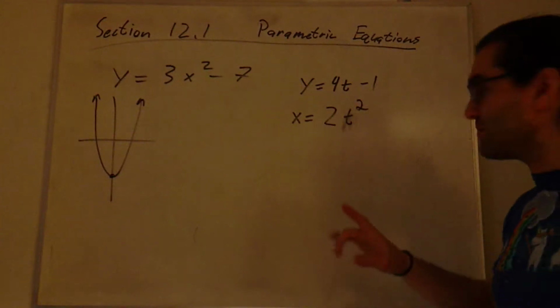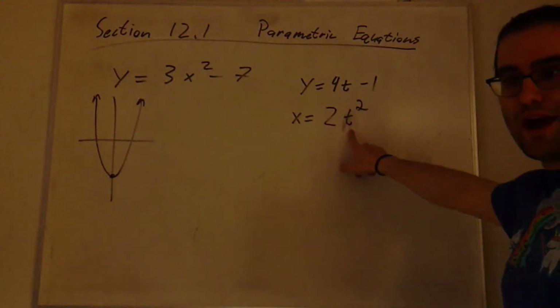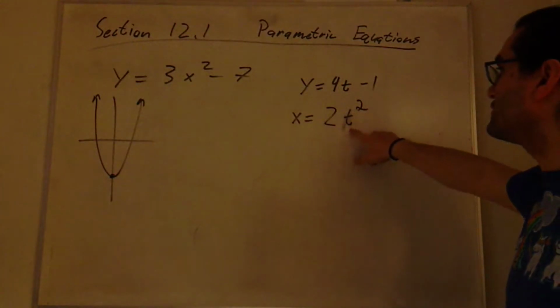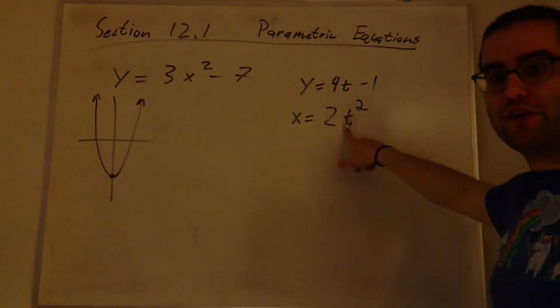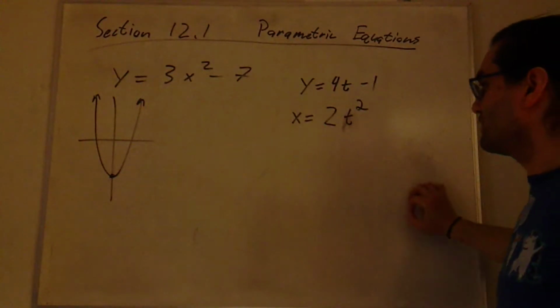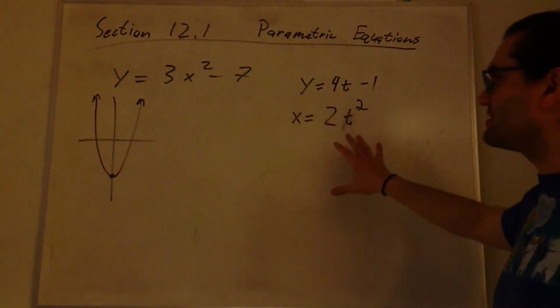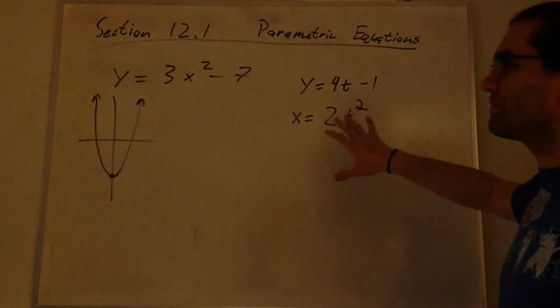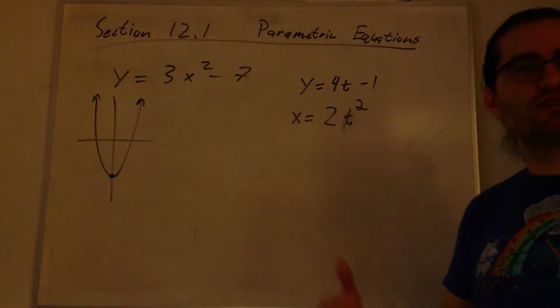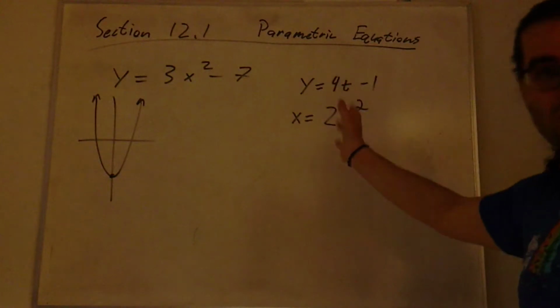One of the weird things about this is that t does not get graphed. T is your independent variable, it's your input variable, but it's not one of your axes. It'll determine what part of a shape you're on once you know what the shape of this is.